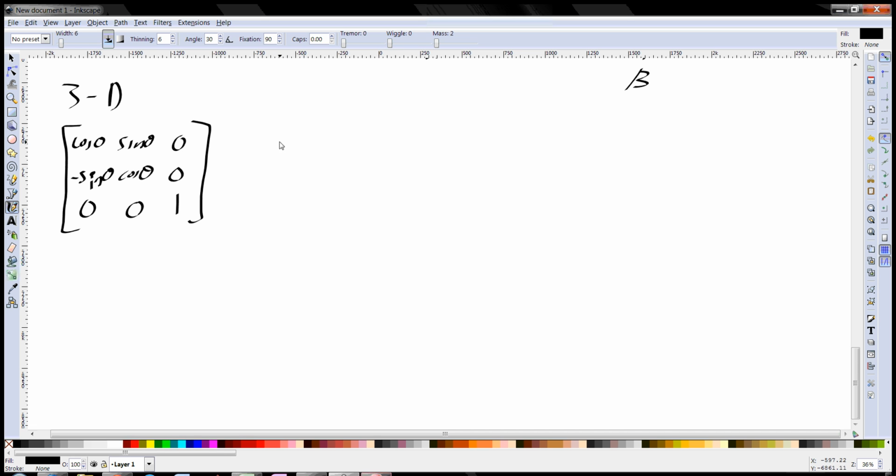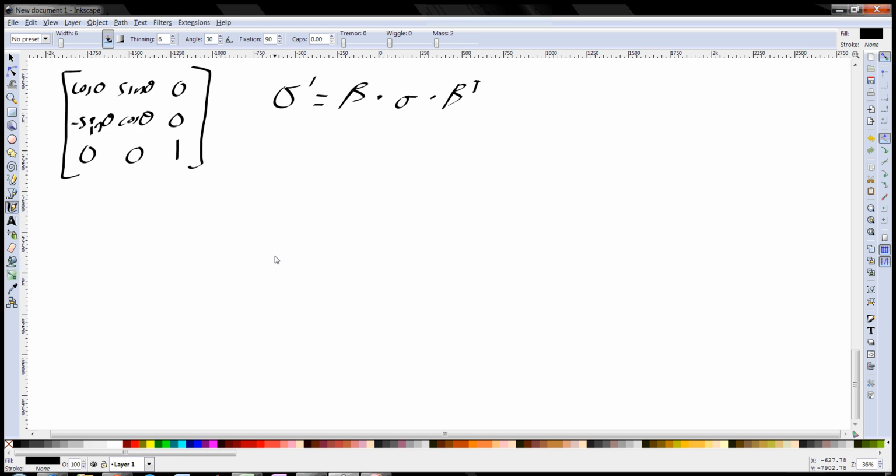So that equation, to get the new stress matrix, is your directional cosine times your original stress matrix times the transpose of the directional cosine matrix.